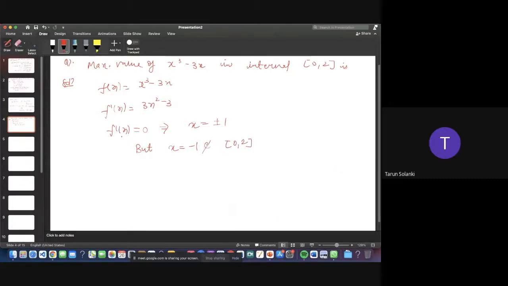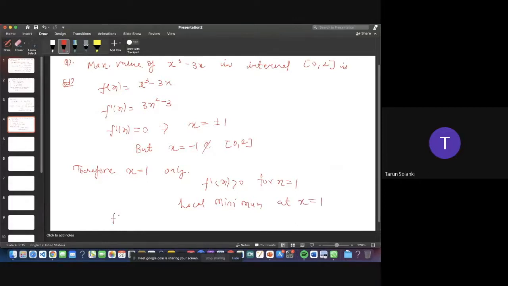So therefore, x equals 1 only. Okay, so we can easily check that f dash x is greater than 0 to the right of x equals 1. So f(x) has a local minimum at x equals 1, local minimum, right?